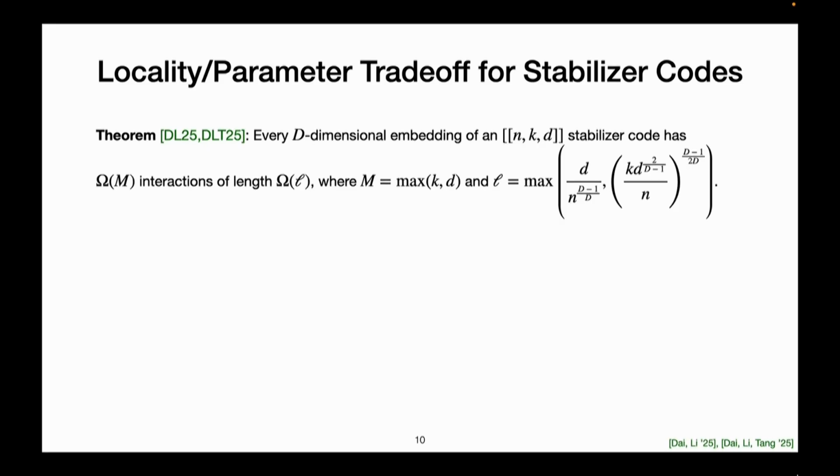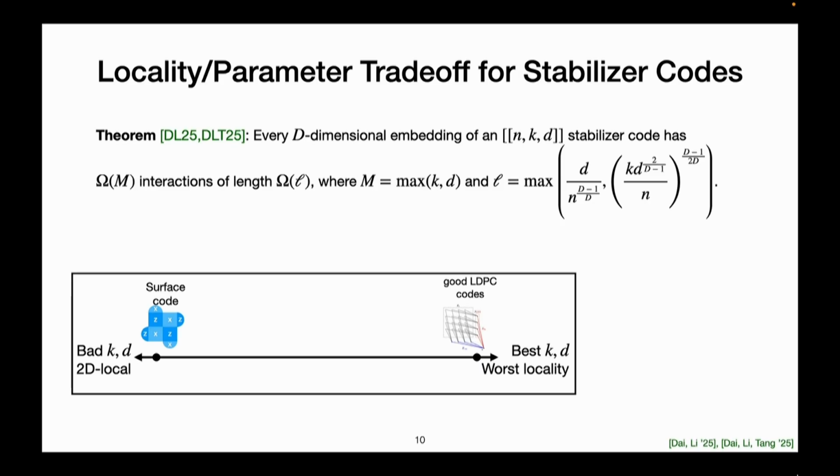The important thing to notice is that this is really a trade-off. As you increase the code parameters, you require more and more non-locality, both in the interaction count m and the interaction length L.